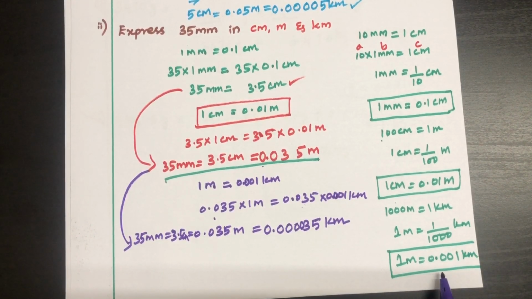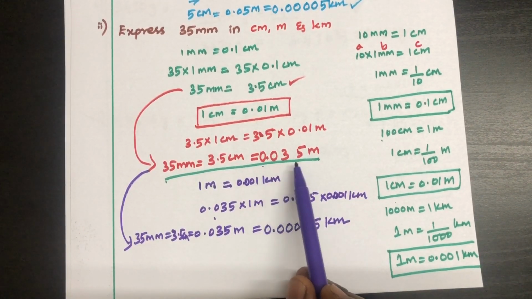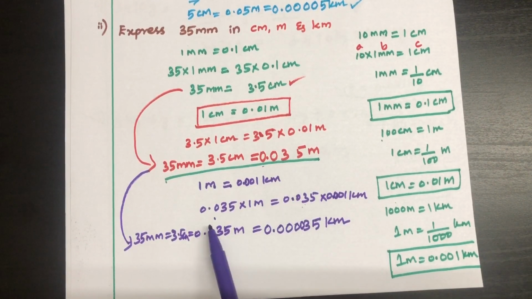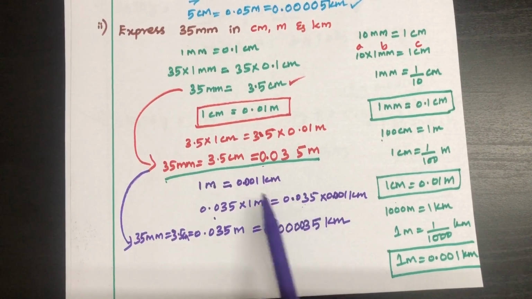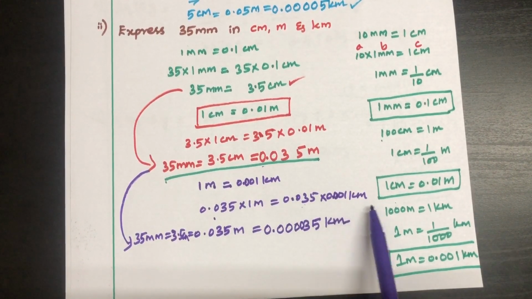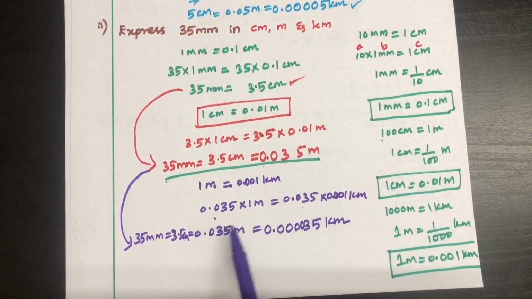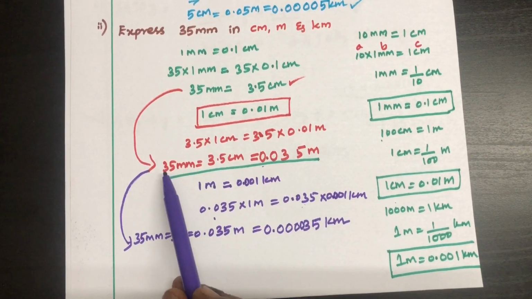This is nothing but 0.001 kilometer. Now using this, we are going to multiply both sides by 0.035 meter. 0.035 into 1 meter is equal to 0.035 into 0.001 kilometer.